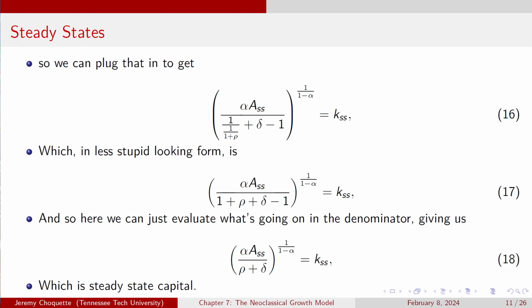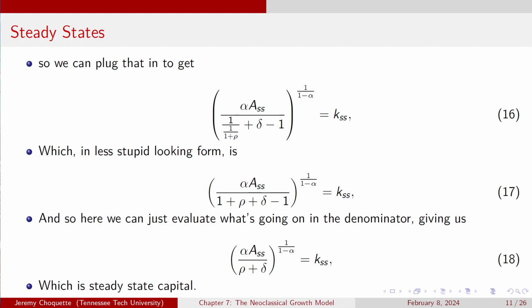So if you get a question, what is steady state capital? If alpha is this and A is this and rho is this and delta is that, what is KSS equal to? Well, look at equation 18. You don't have to derive equation 18 for me, right? You might have to derive the Euler equation, but you're not going to have to derive steady state capital.